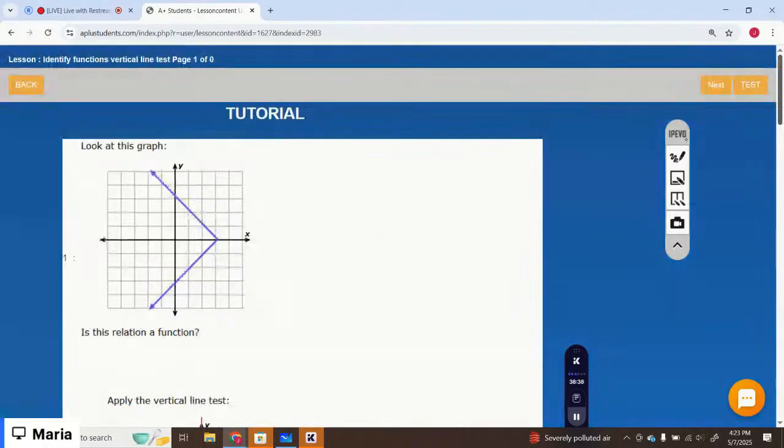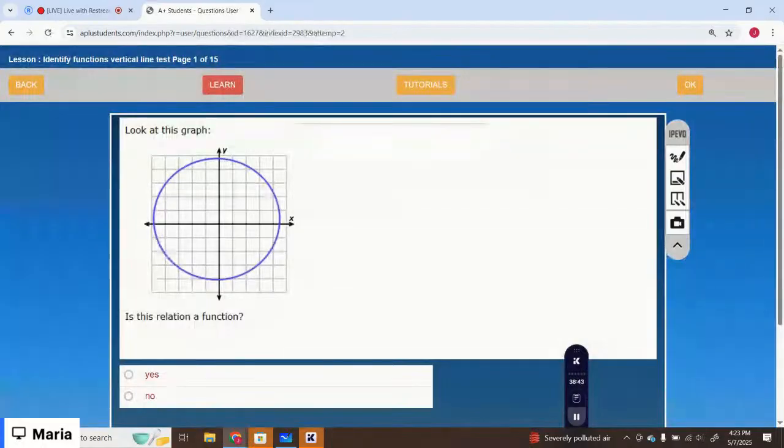Let's just start with the test question. Look at this graph. Is this relation a function? No, that is not a function.